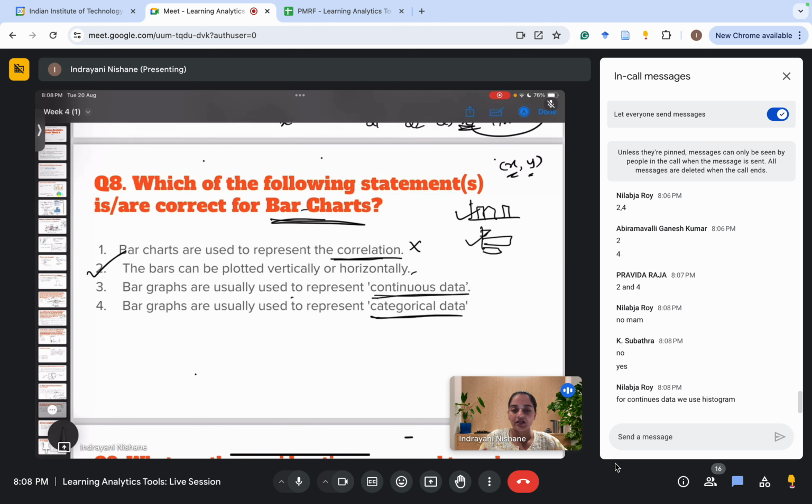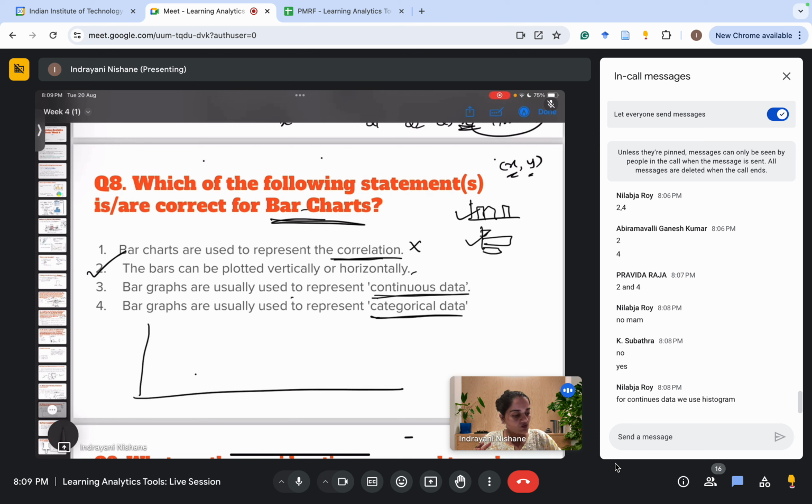What is continuous data and what is categorical data? Continuous data is something like, for example, our height. It can have continuous numerical values. Even our score, the number of marks we score. When you want to plot a bar graph for continuous data, we'll have so many bars, right?